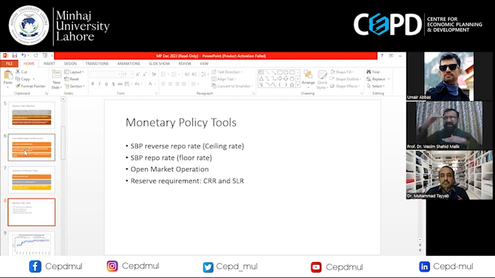So basically the ceiling and floor of the corridor are set by the monetary policy committee, and then to keep the overnight money market rate on the policy target, the central bank mostly uses open market operation. So open market operation is the most frequently used monetary policy tool.